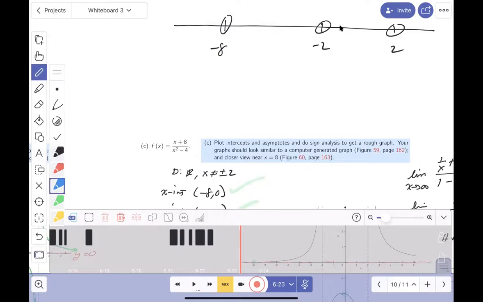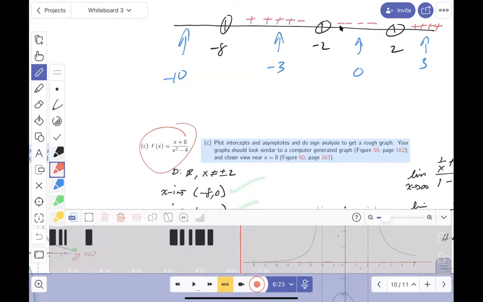Let's do some test points. I don't know, 3, 0, minus 3, minus 10. Where are you plugging it in? Here. It should be really easy to do, by the way. Plug in 3, what do you get? Positive over positive, positive. If you plug in 0, what'd you get? 8 over a negative number, which is negative. If you plug in minus 3, what do you get? A positive over a positive, positive number.